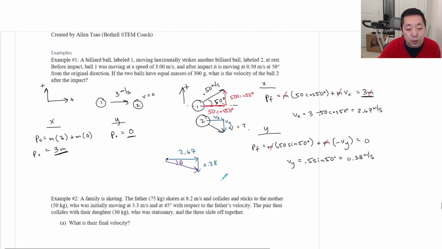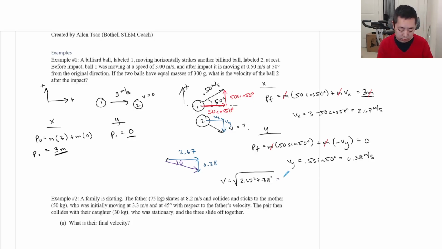So the speed is going to be the square root of 2.67 squared plus 0.38 squared. And I get about 2.71 meters per second.